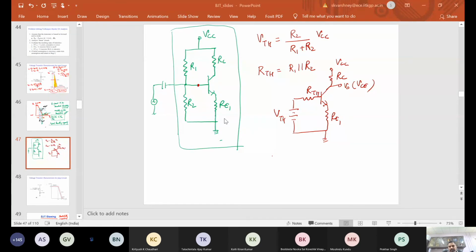R1 is 47, R2 is 4.7, RC is 6.8 kilo ohm, and RE1 is 0.33 kilo ohm, VCC is 12 volt, beta you take, let's say, 100.